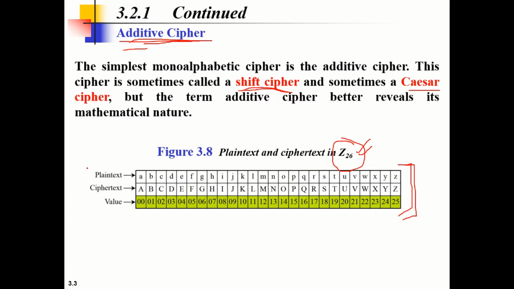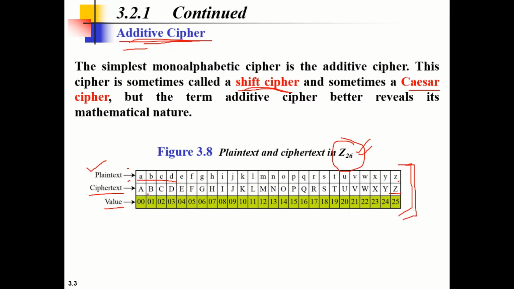Say for example, I have plain text, and these are the entries for plain text, small a, b, c, d up to z, and I have the corresponding cipher text, which is capital A to Z, and these are the corresponding values for plain text and cipher text.